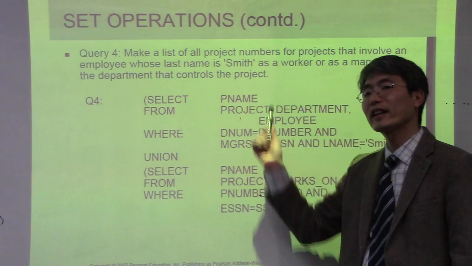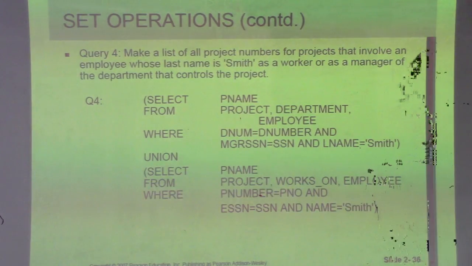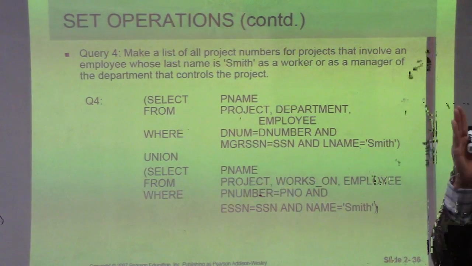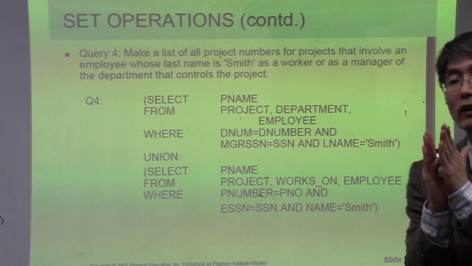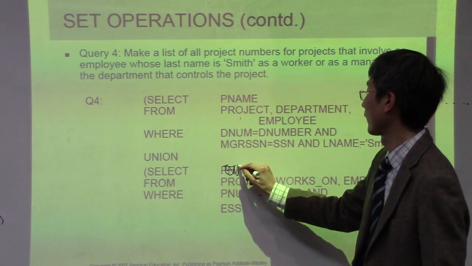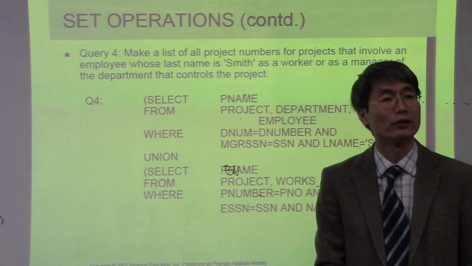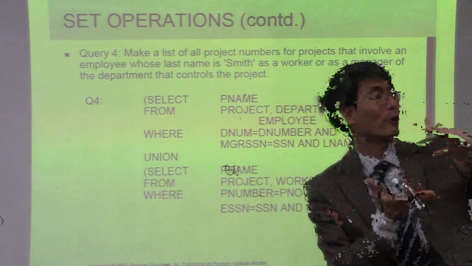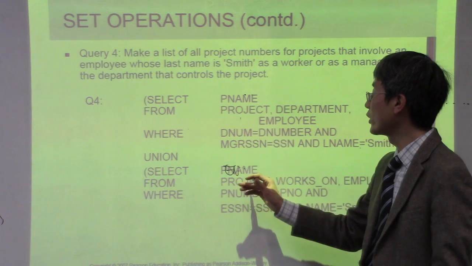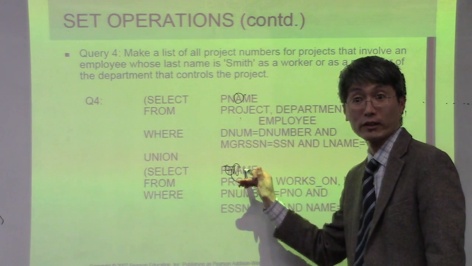Their data types don't have to be identical, but must be type comparable. The names can be different, like E name. As long as the type is comparable, you can union, but you cannot union a character with a binary, for example.